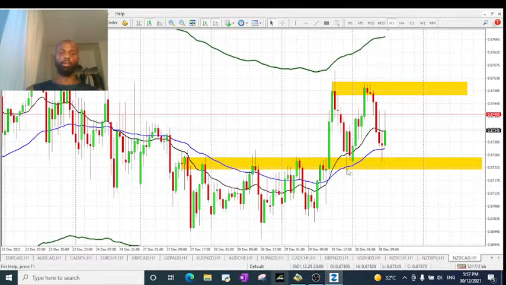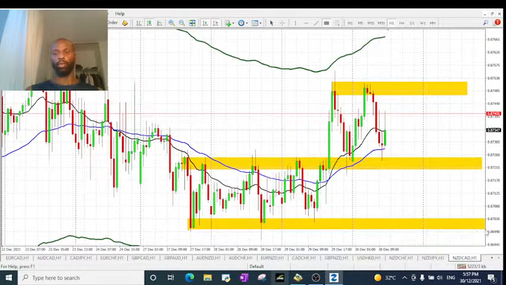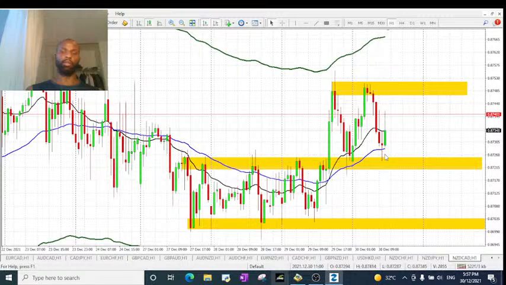Broke out of the lower range. Now we are finding support, making a new range. In a range, what do you do? You look for a rejection at either end of the zone. You look for rejection, then you take it to the other side. That's it. We hit this zone, rejected.